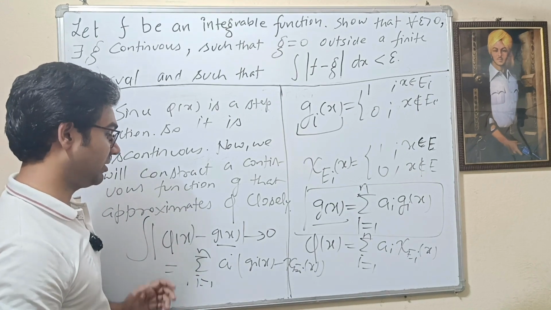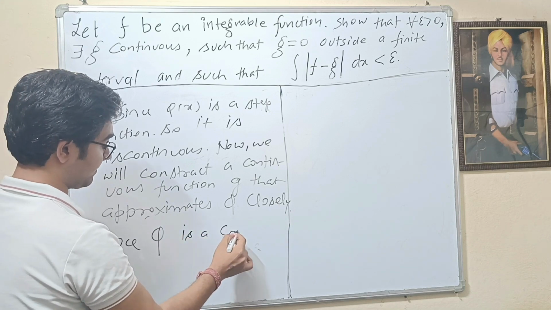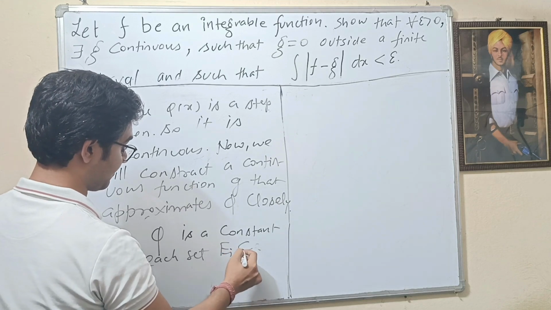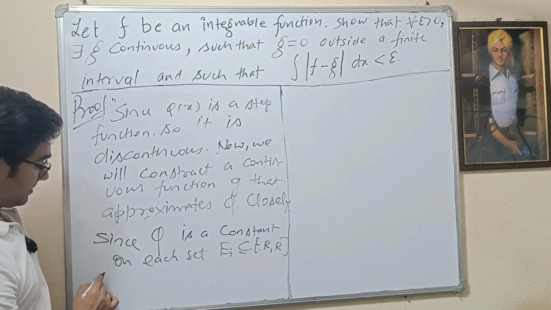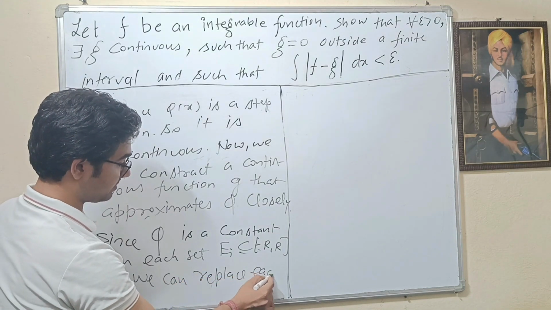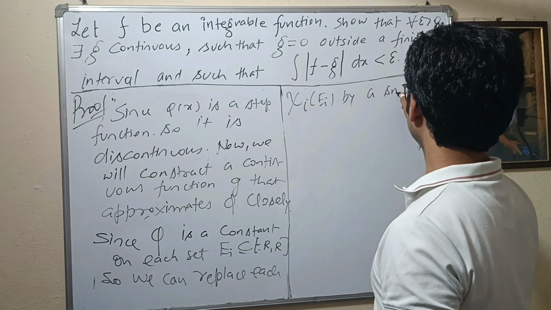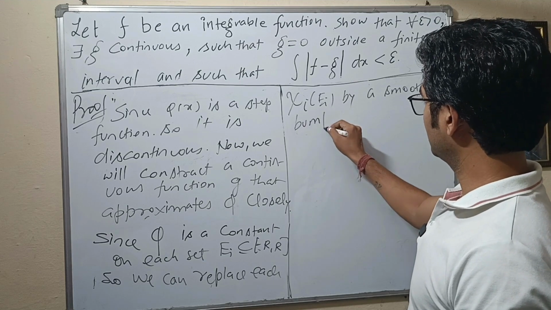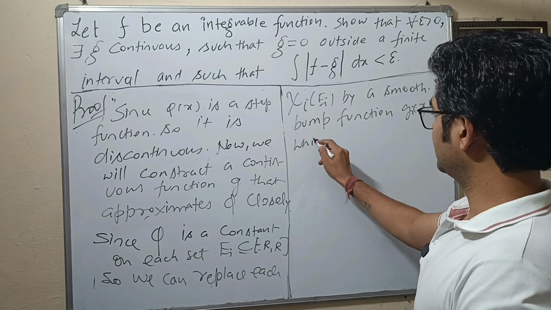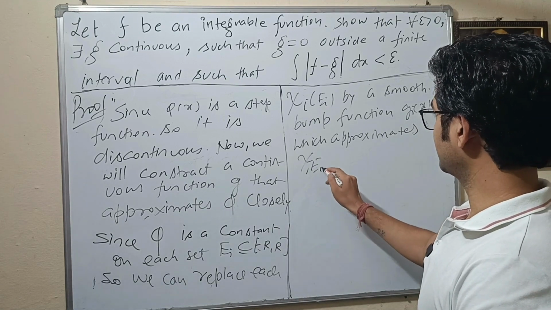Okay, so how will we write this? We'll write: since phi is constant on each set E_i, we can replace each characteristic function by a smooth bump function g_i(x), which approximates the characteristic function closely.